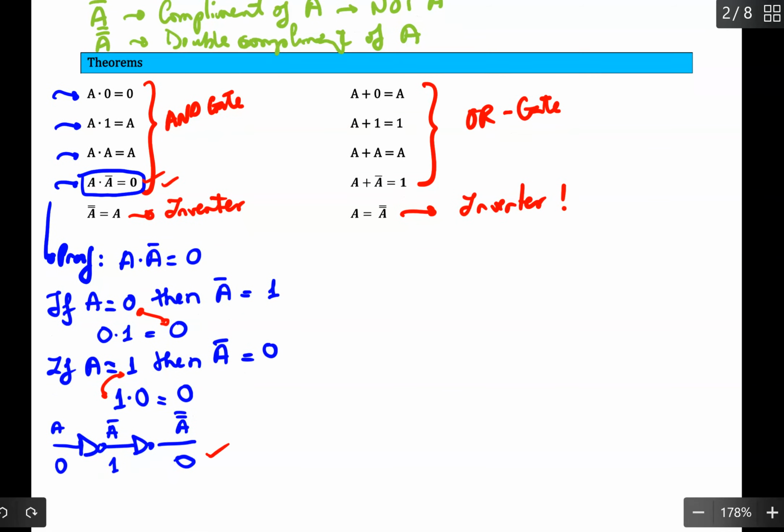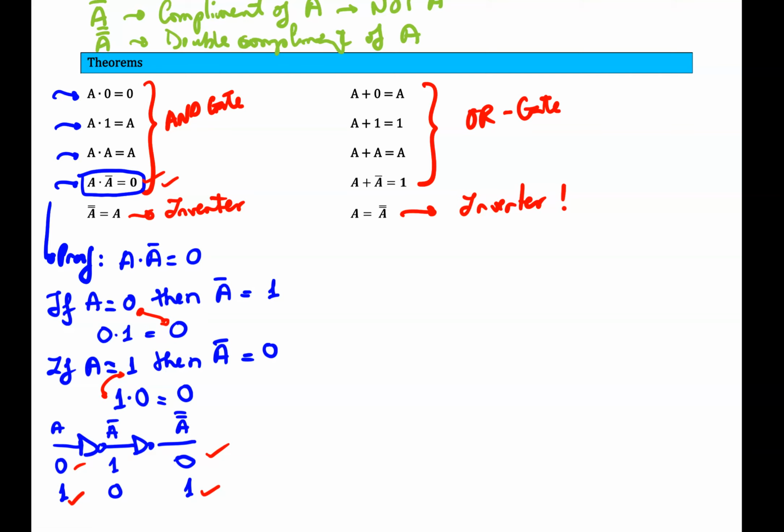You see that this and that are equal to each other again. Okay, so if you let A equal to 1, out of this inverter you have 0. You put in another inverter, you turn it back into 1. Therefore, you are proving that the double complement of A is back to its original signal.